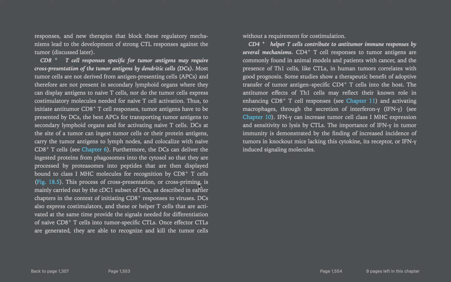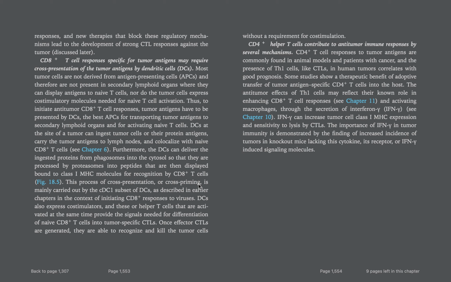CD4 helper T cells contribute to anti-tumor immune responses by several mechanisms. CD4 T cell responses to tumor antigens are commonly found in animal models and patients with cancer, and the presence of T helper 1 cells, like cytotoxic T lymphocytes, in human tumors correlates with good prognosis.